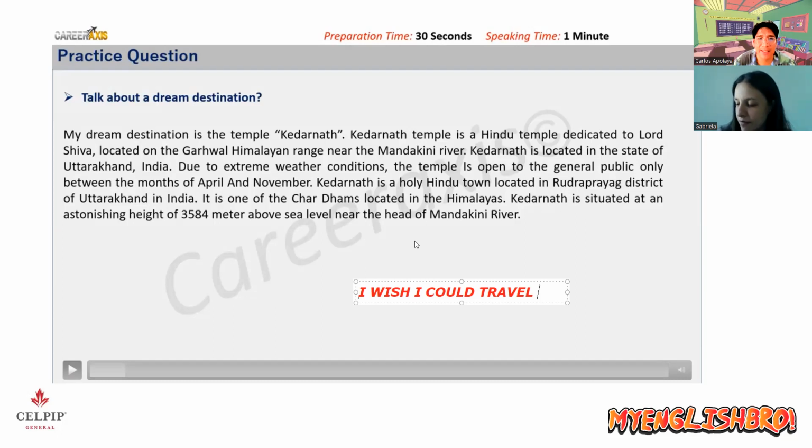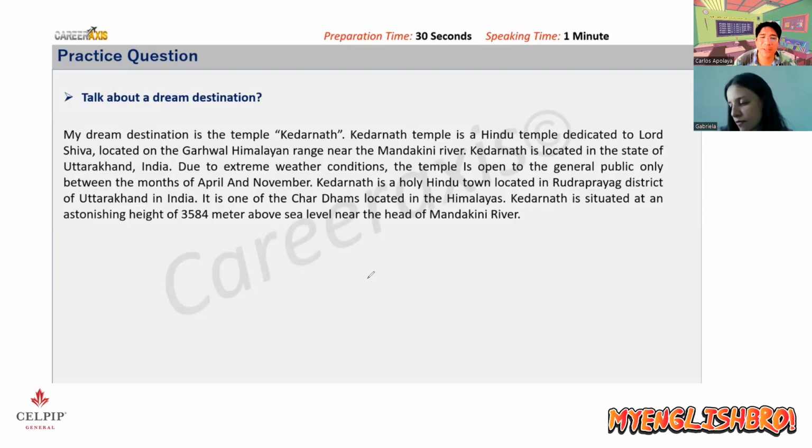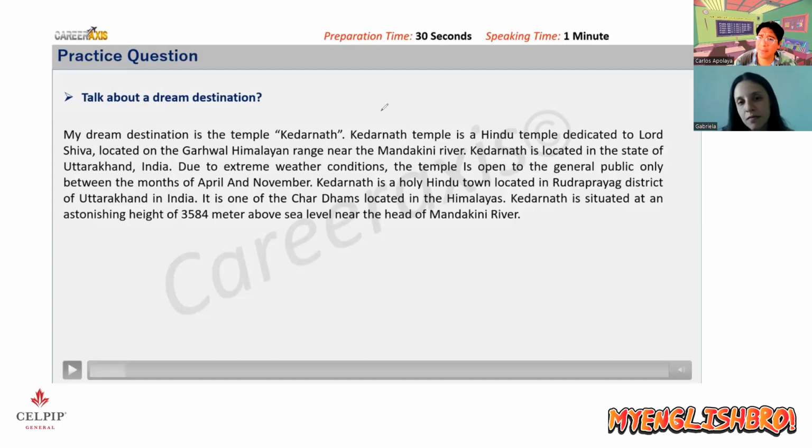Okay, yo puse, my dream destination is the Kedarnath temple. Kedarnath temple is a Hindu temple dedicated to Lord Shiva, located on the Garhwal Himalayan range near the Mandakini River. Kedarnath is located in the state of Uttarakhand, India.